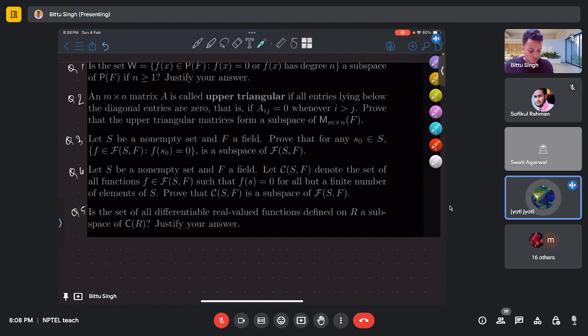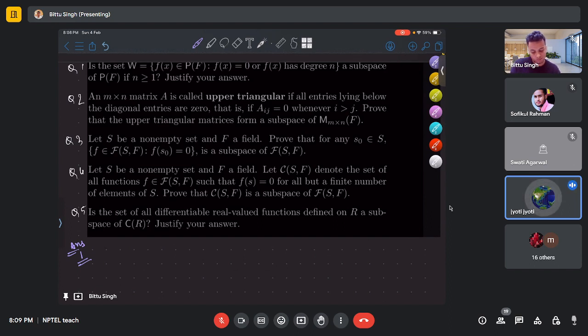It is not a subspace because if we take two polynomials, and in the first polynomial all terms are positive and in the other polynomial some terms are the same but differ by sign, then the degree of the sum of those two polynomials may not be n.